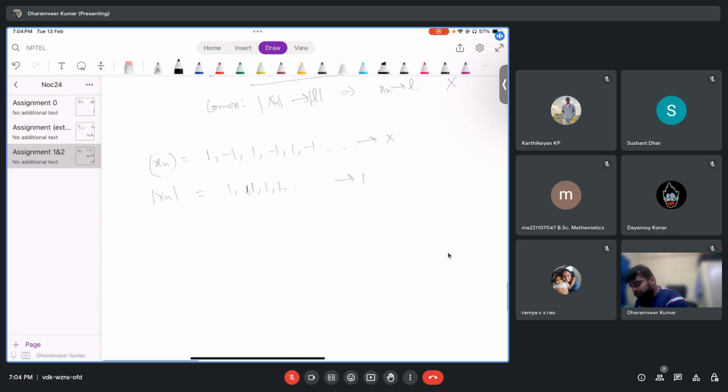Let me pose a new question. Let mod xn converge. So mod xn is converging to some value.